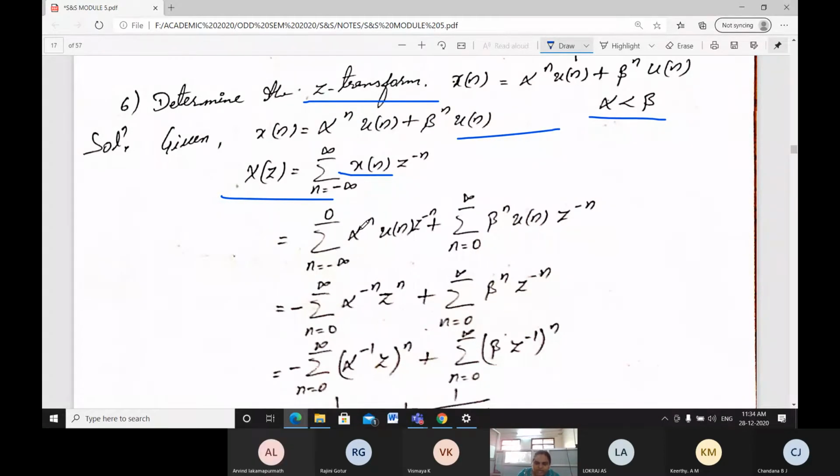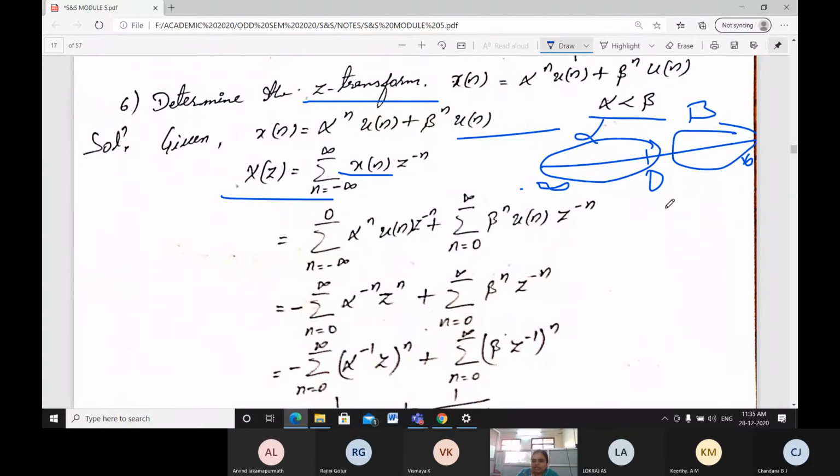There you will get your alpha values, alpha raised to n u of n z raised to minus n, plus the positive values in the right half side of the z plane. If I divide the z plane from 0 to infinity and 0 to minus infinity, in this part your alpha part is going to exist, and in this part your beta values are going to exist.